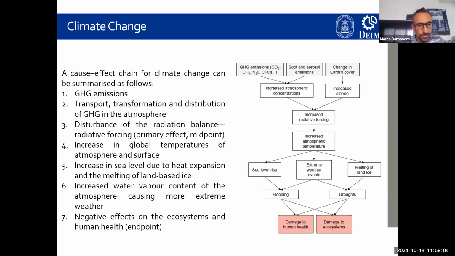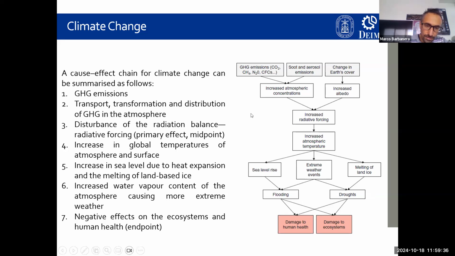But if we want to continue to analyze the cause-effect chain, after this point we have the increase in global temperatures of atmosphere and surface. Then we have the increase in sea level due to heat expansion and the melting of land-based ice, the increased water vapor content of the atmosphere causing more extreme weather, and at last we arrive at the negative effects on the ecosystems and human health.